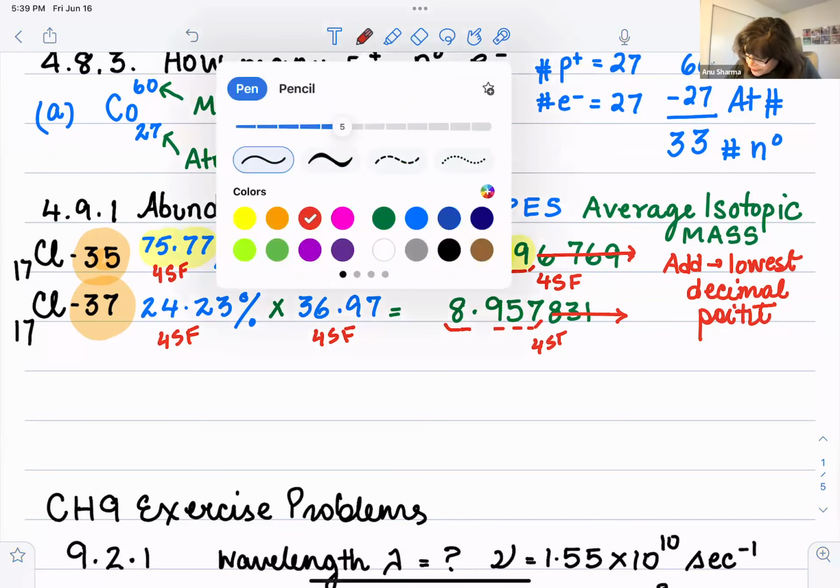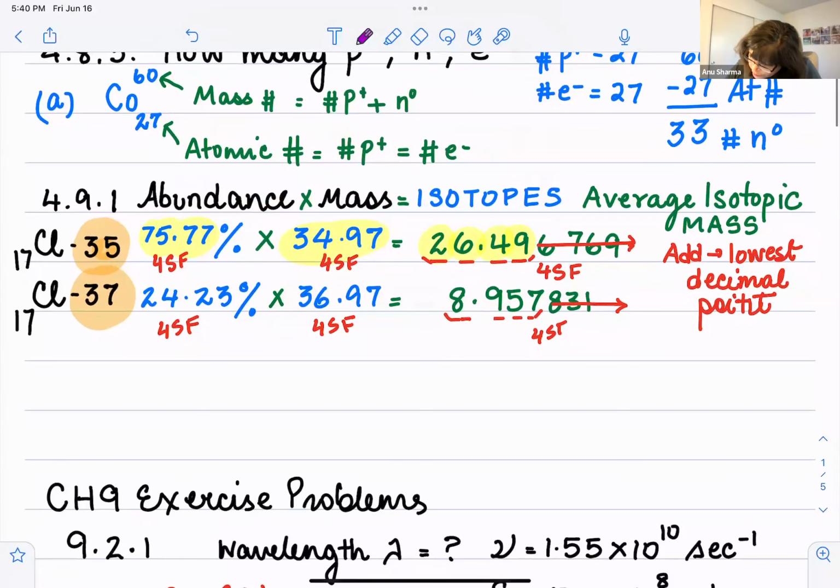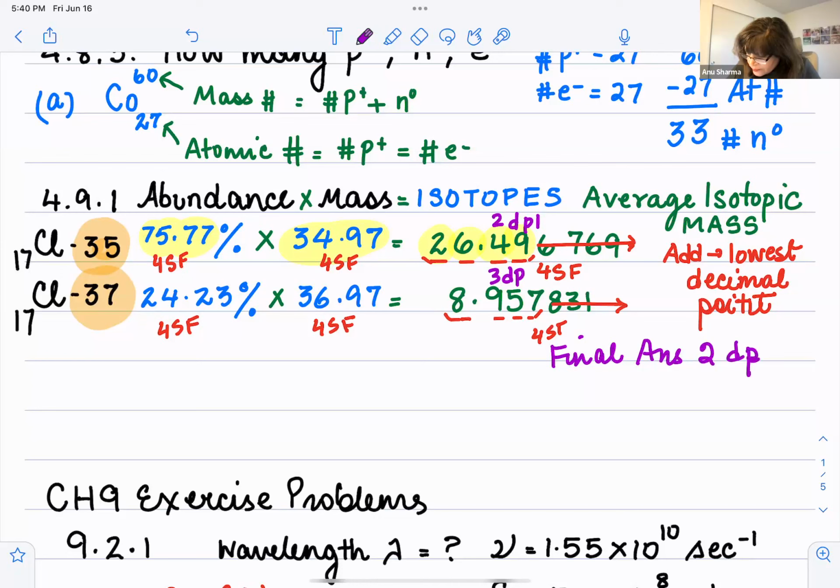So this is 2 decimal places, and this is 3 decimal places. So your final answer should have only 2 decimal places. Here's the rule: do not round up in between steps.